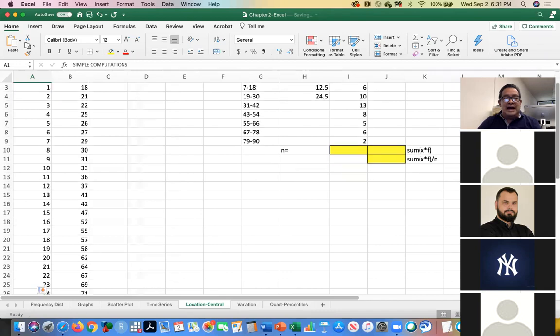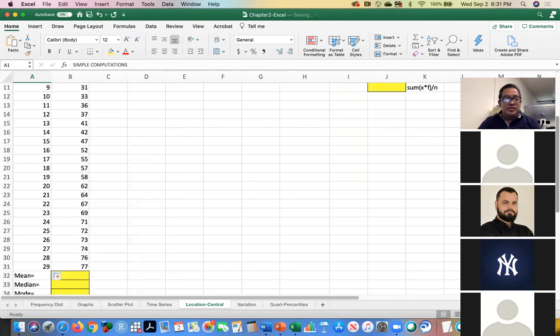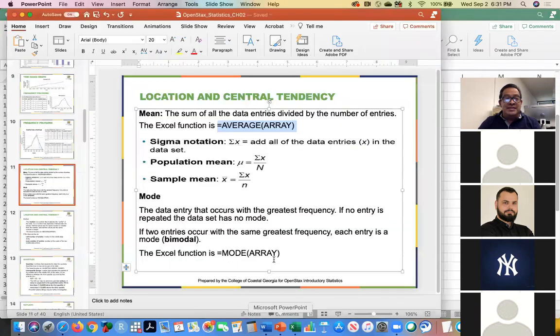So as I mentioned before, in order to find the mean, I'm gonna type this command, right? It says equal. Remember, all the functions, all the formulas always start with an equal sign. Then I'm gonna type average, and I'm gonna highlight all the data points. So that's what array means.